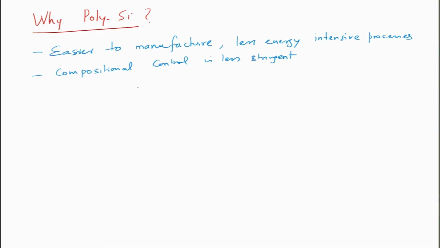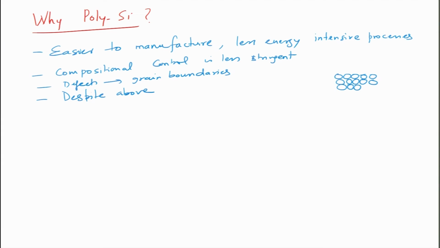However, all this does not lead to, despite the above, and of course, they have defects such as grain boundaries. Okay. So, you will have this atomic arrangement like this in one grain. So, this is one grain.